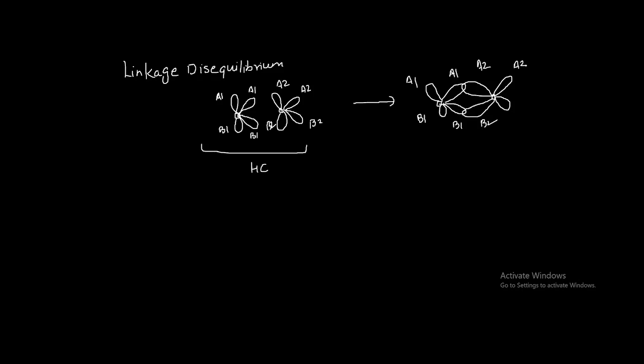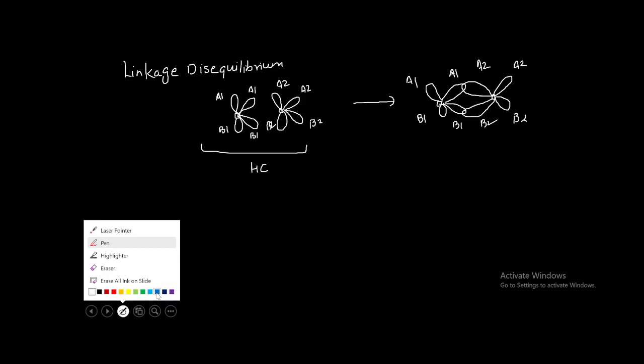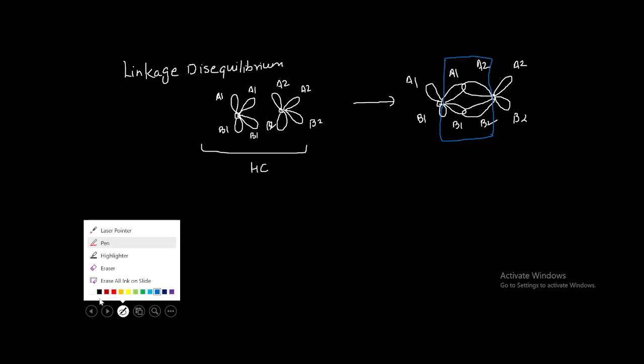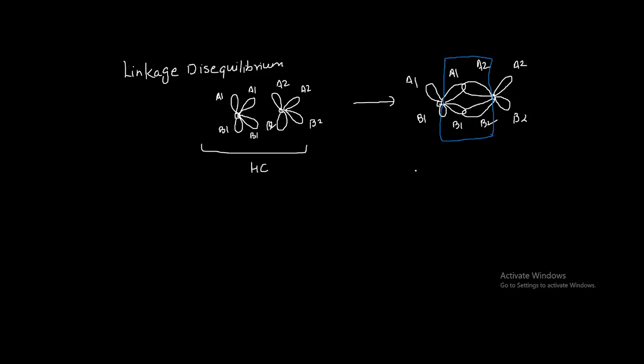Now at this position, you can see the recombination is taking place. Right? So this is the recombination which is taking place. Now if there is a recombination, what will you get out of it?